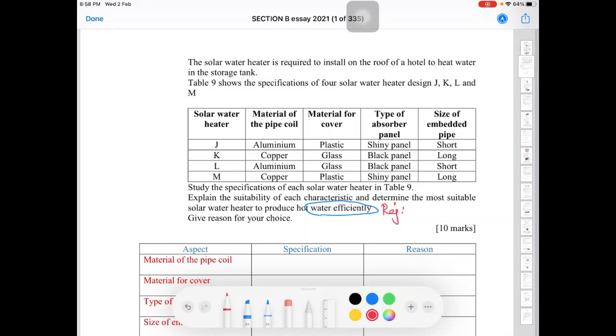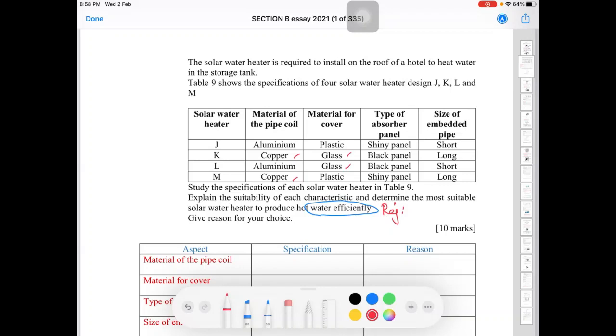Okay. So material of the pipe coil. So pipe kita nak salurkan air dalam tu. So mestilah pipe tu kita nak yang boleh senang absorb heat. So between aluminium and copper, kita akan pilih copper. Okay. Material for cover, you nak pilih plastik or glass. Mestilah kita pilih glass, sebab plastik dia akan cair. Type of absorber.